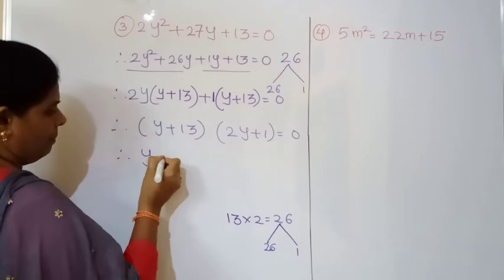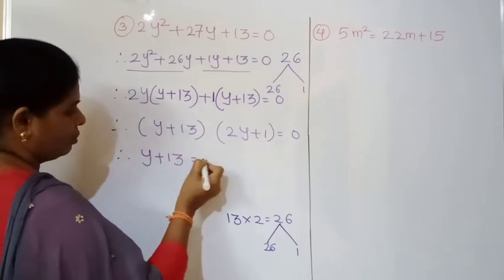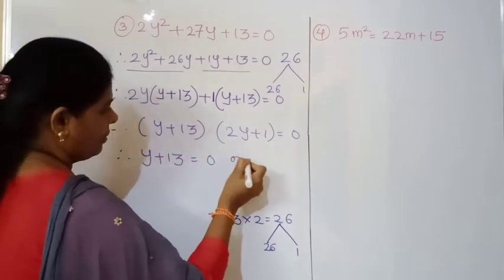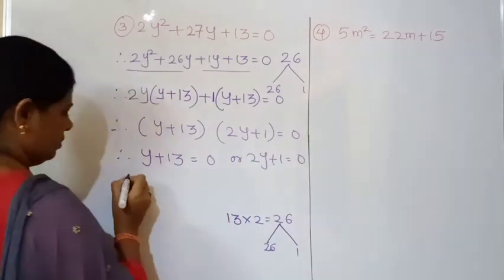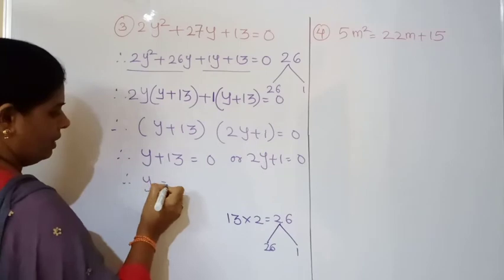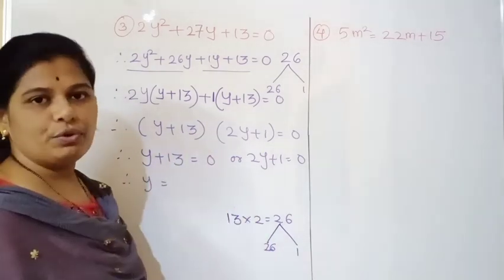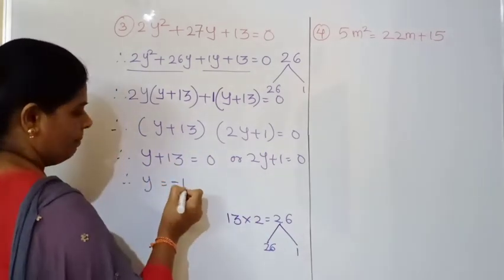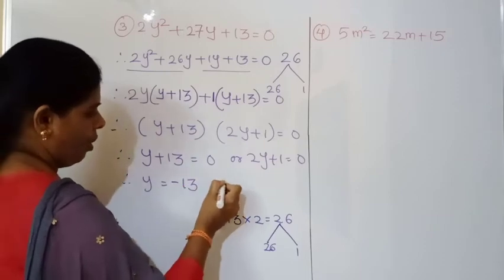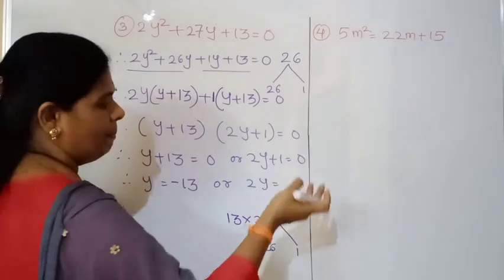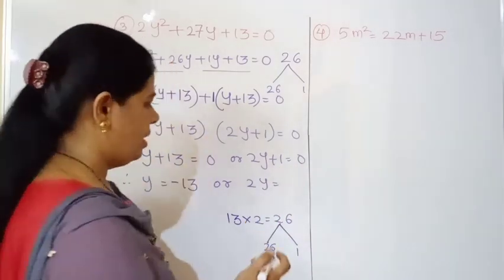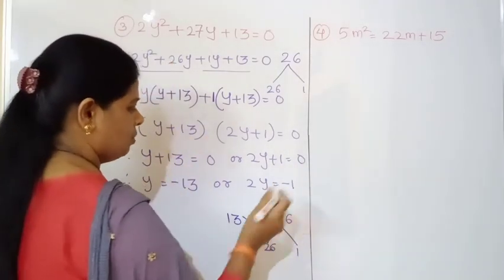So y plus 13 equal to 0 or 2y plus 1 equal to 0. Therefore, y equal to plus 13 will shift to the other side and it will become minus 13. Or here, 2y equal to plus 1 will shift and it will become minus 1.